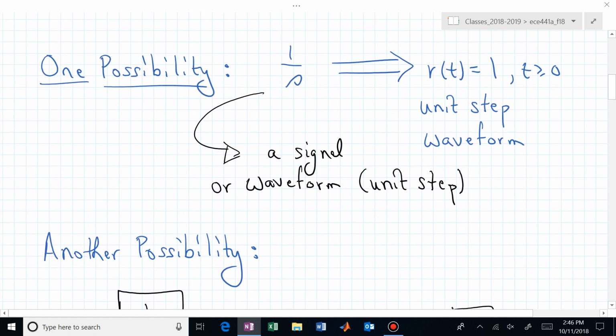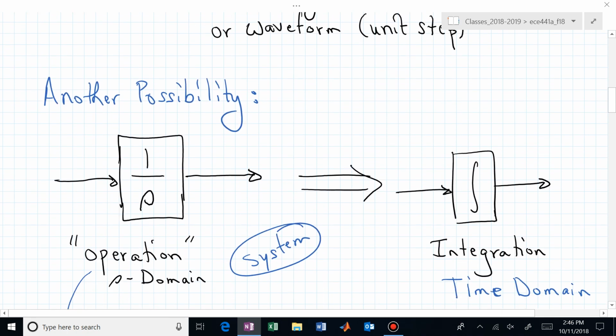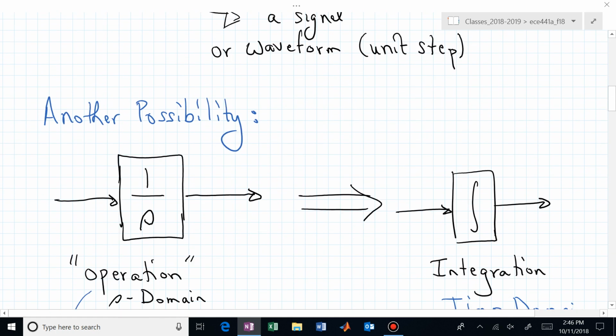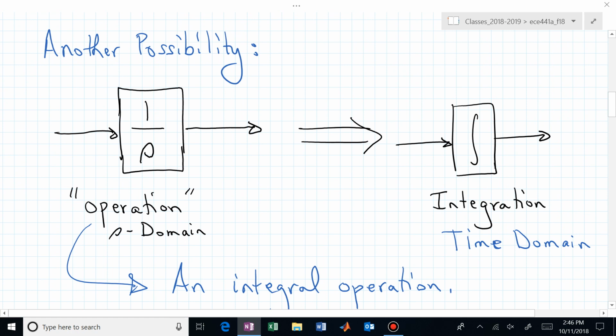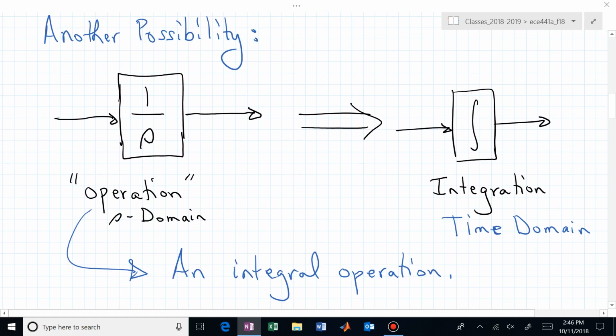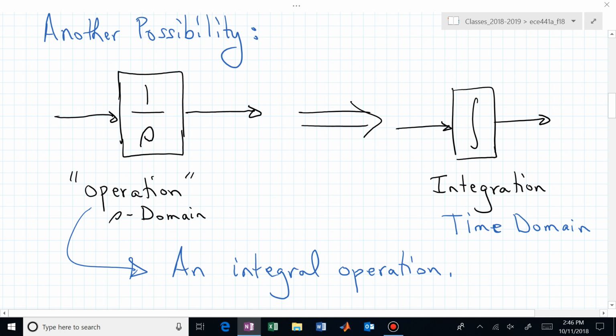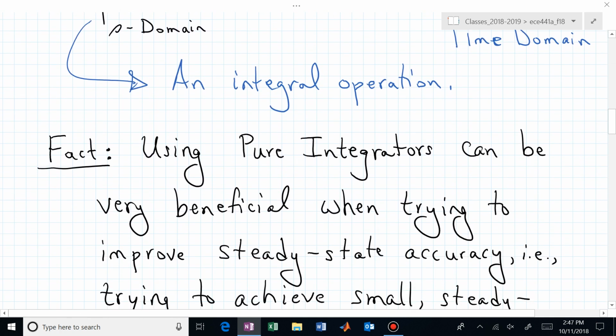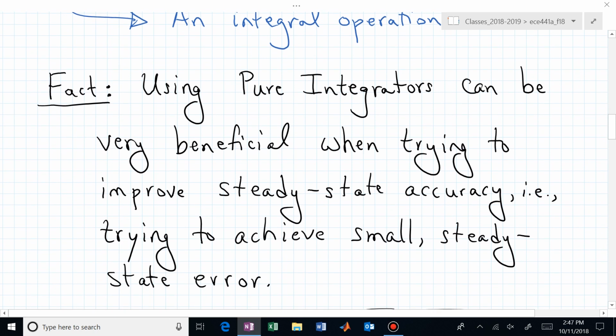So what 1 over s corresponds to is what it's trying to represent or model in the time domain, and we can view it either as a signal or as a system, and how we interpret it depends on the context. Now let me state the following fact.